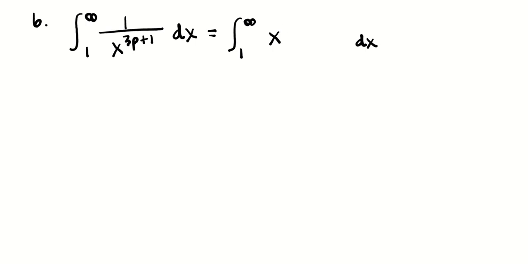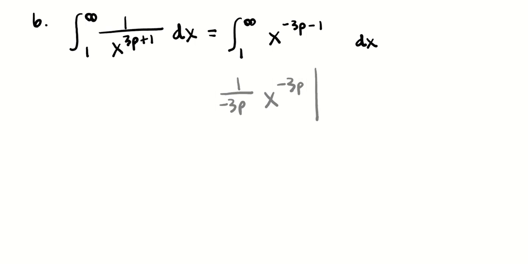Or negative 1 to the 3p plus 1. So it'd be negative 3p minus 1. Okay. And so if I wanted to take an antiderivative, I would add 1 to the power. Okay, negative 3p minus 1 plus 1 is just going to be negative 3p. And I'm going to divide by the new power.